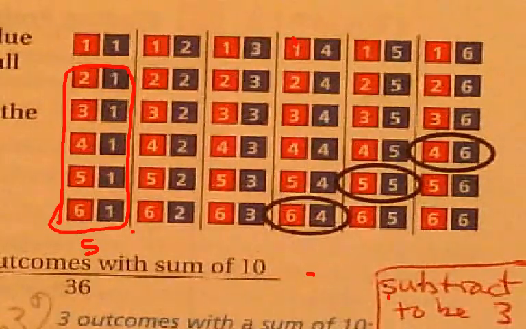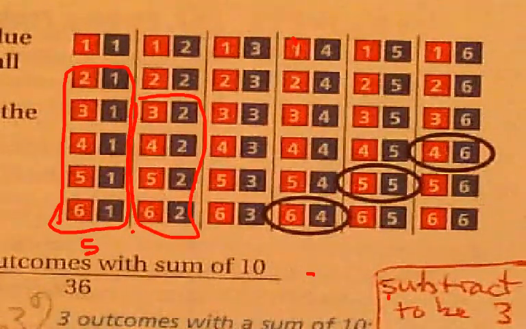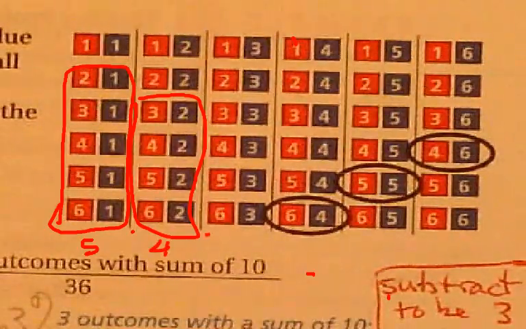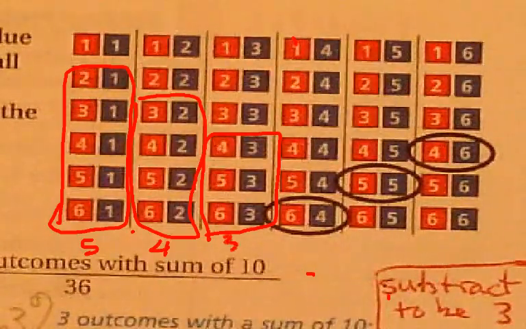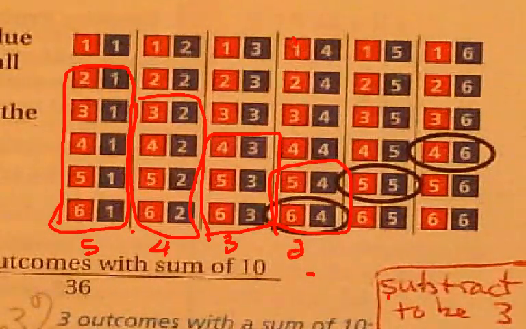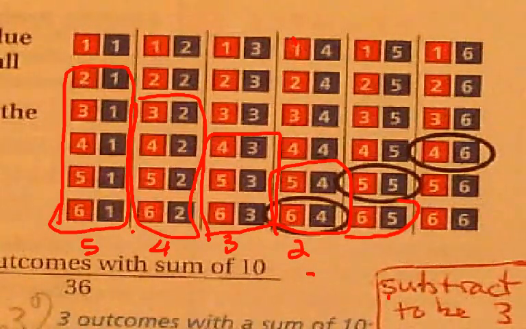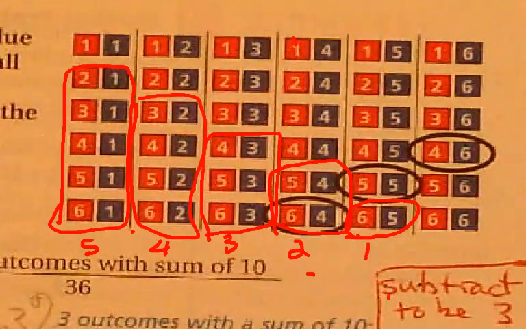And then here, the red one is bigger 4 times. And here, the red one is bigger 3 times. And here, the red one is bigger 2 times. And here, the red one is bigger 1 time. And there, the red one's not bigger.